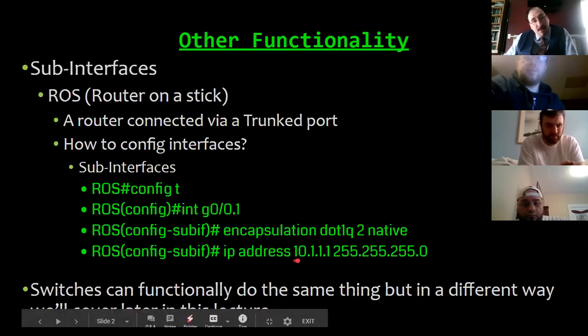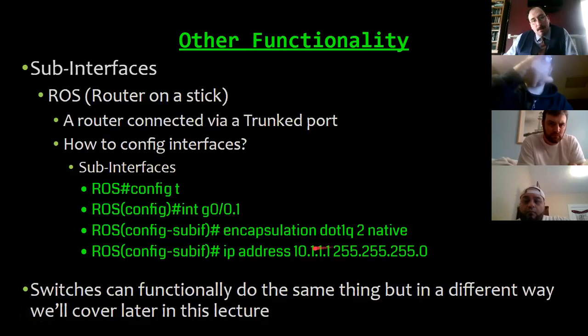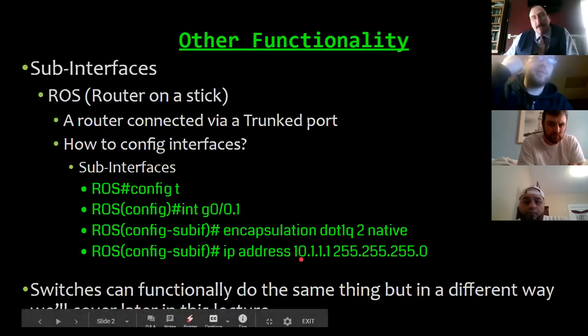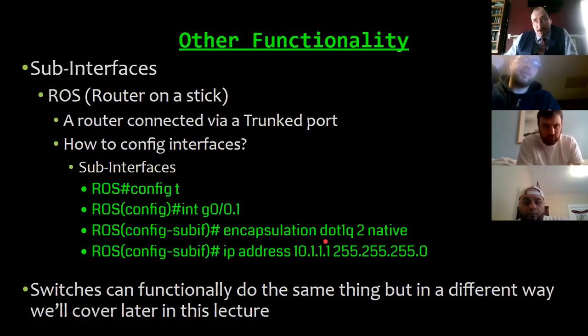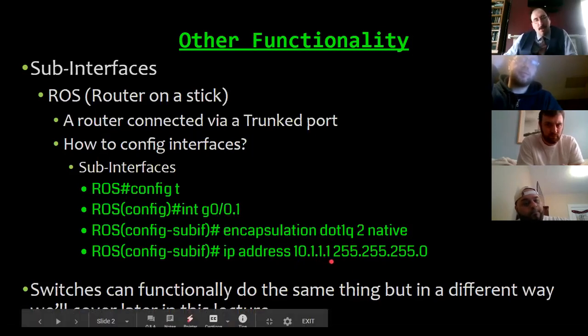It's going to have an IP address of 10.1.1.1 with a 24-bit mask, and that would be the IP address for the sub interface that's being configured. Correct. And that would be a default gateway for VLAN 2. It'd be a router that has an interface on that subnet of 10.1.1.0, and it could route people off potentially.